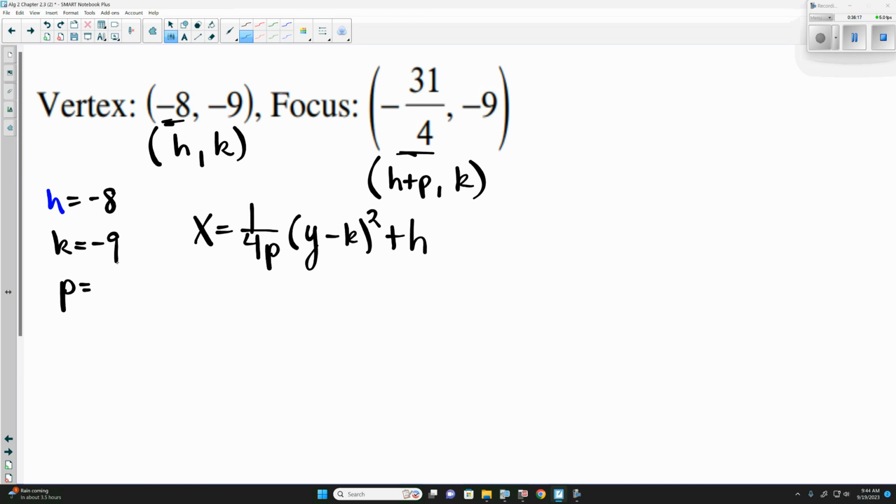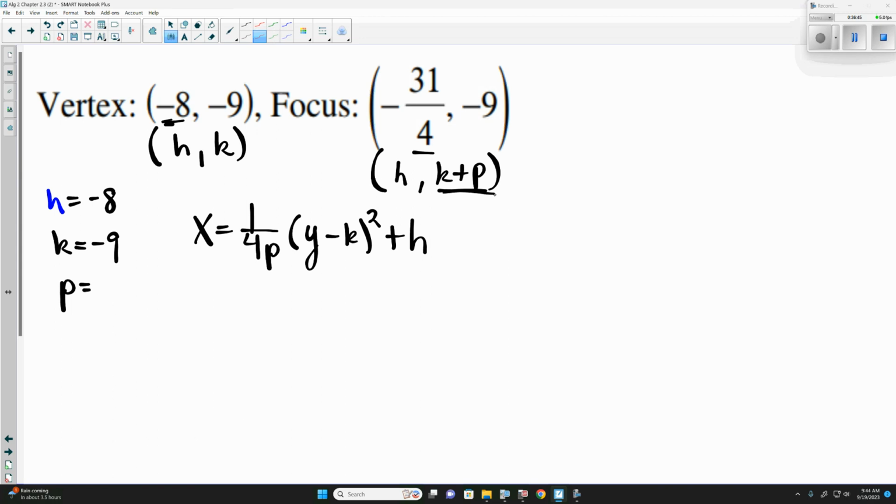So if I come over to the focus, well, this is just k, yes? The vertex told us the value of k is what? -9. Does that agree with the focus that we have? Yeah, it's still saying k is -9. Because if I chose the other one, I'm going to erase this for a second. It told me that it was h comma k plus p.